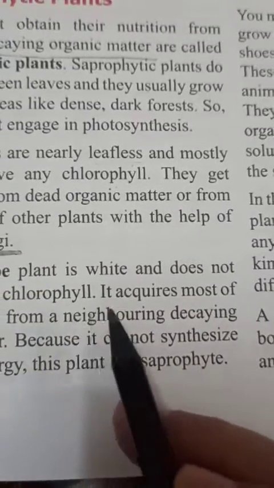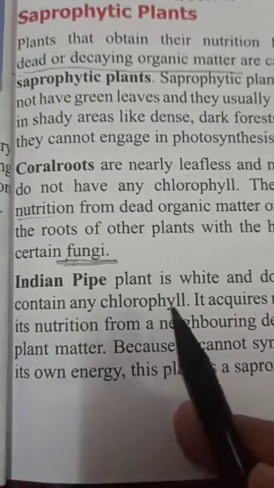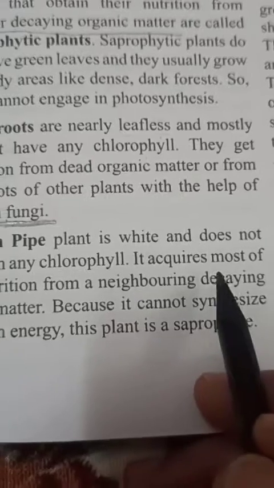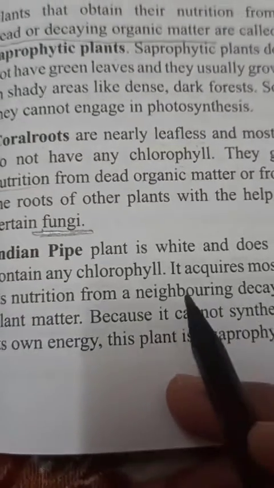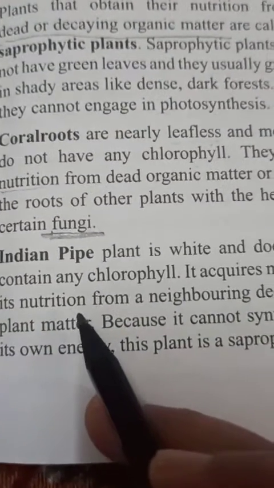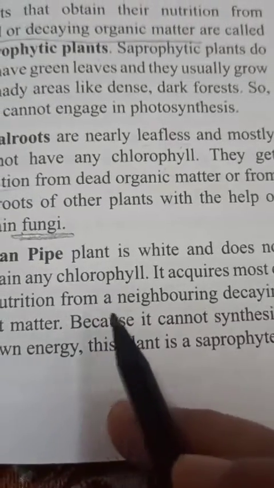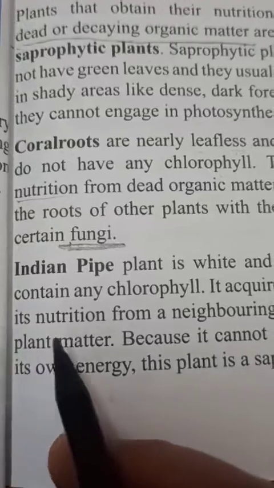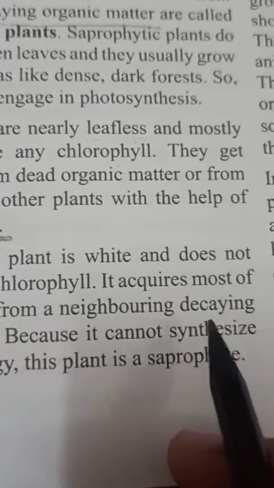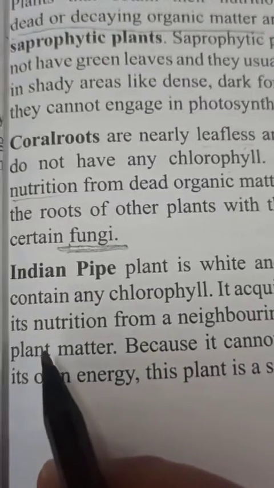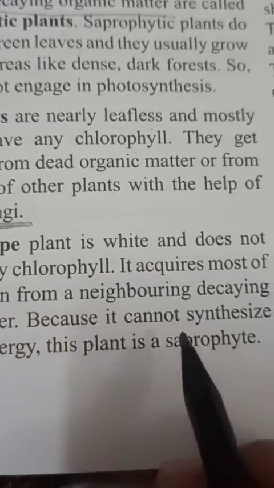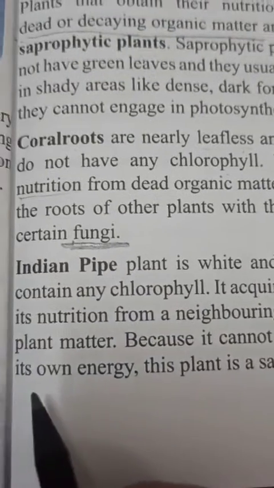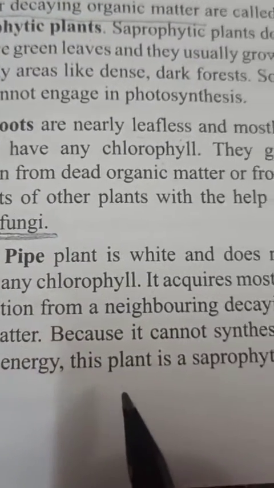So that's why this Indian pipe plant also adapt this mode of nutrition, and it also acquire most of its nutrition from neighboring decaying plant matter, because it cannot synthesize its own energy.